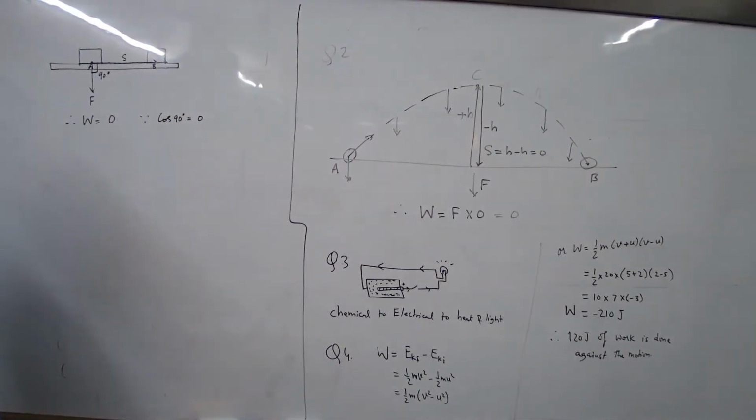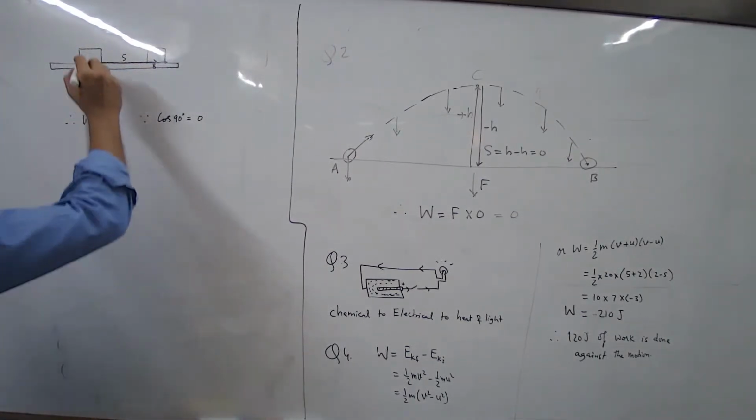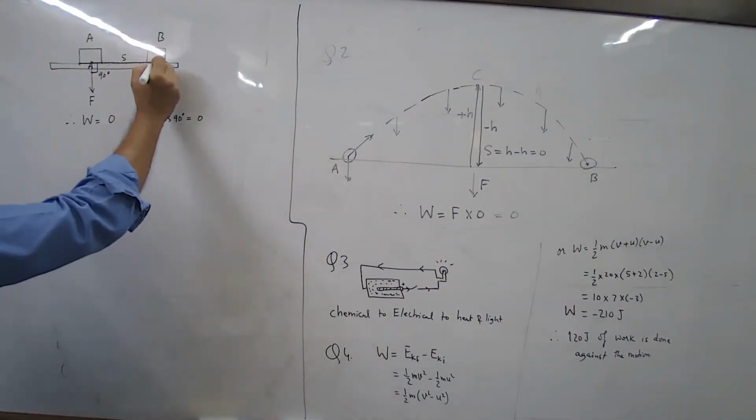Okay. So when you move it from A to B, this is position A, position B. You join these 2 points.